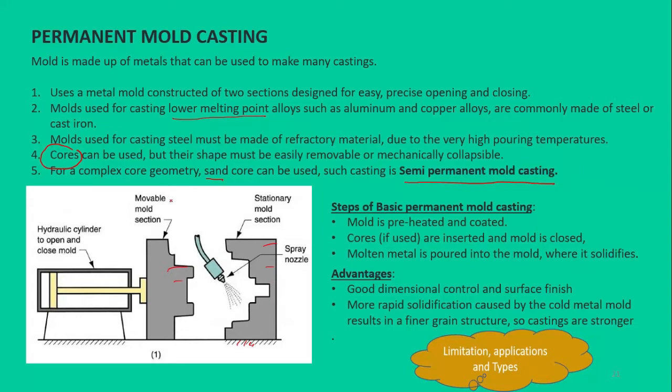And the second thing is that we spray some coatings over the surface of the mold. The purpose of those coatings is to increase the heat dissipation, the heat transfer, and second, so that the material shouldn't stick to the surface of the mold cavity, and once it is solidified it can be easily removed.